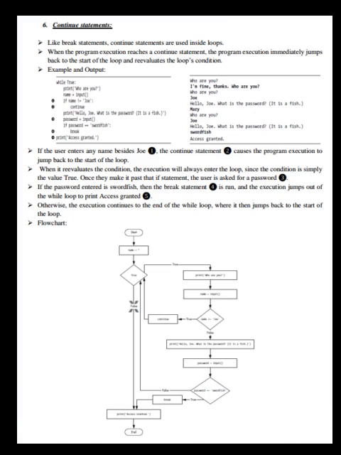If the password entered is swordfish, then the break statement is run and the execution jumps out of the while loop to print access granted. Otherwise, the execution continues to the end of the while loop, where it then jumps back to the start of the loop. See the flowchart here.